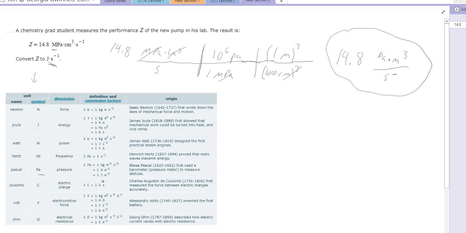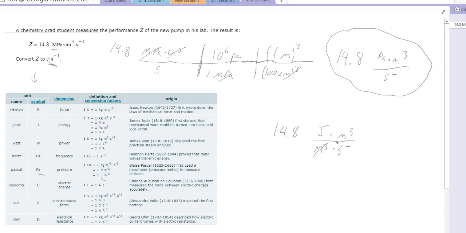So I come down here and I say, okay, a pascal is equal to a joule per meter cubed. Well, let's substitute that in here. So now I have 14.8. Instead of a pascal, I'm going to write joules per meter cubed. I still have this meter cubed per second left over, and so this is what I have.